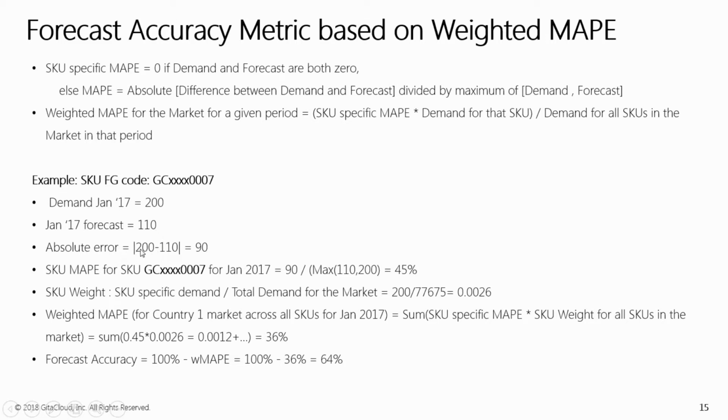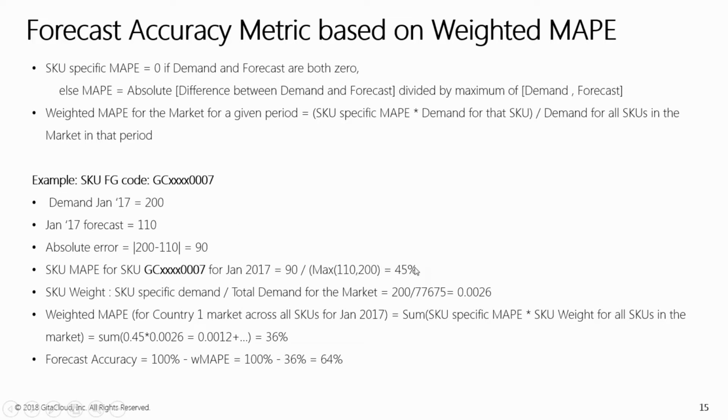If you get a negative number, you take the absolute value. In this case, we got a positive number. So 90 is the difference between the demand and what you forecasted. So the MAP for this specific SKU for January 2017 is that 90 divided by the maximum of these two.